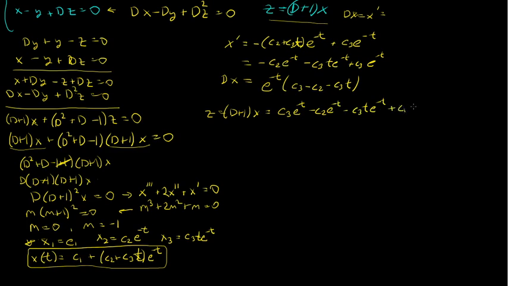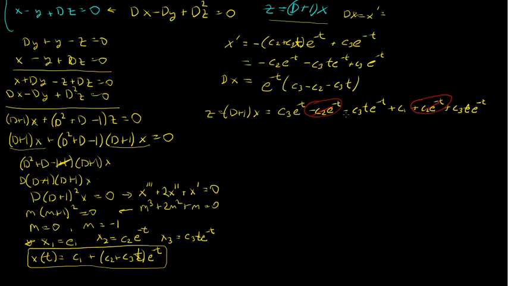So plus c1 plus c2 e to the negative t plus c3t e to the negative t. And okay, so let's see, we have a negative c2 e to the negative t and a positive c2 e to the negative t. So those cancel, that's just 0.